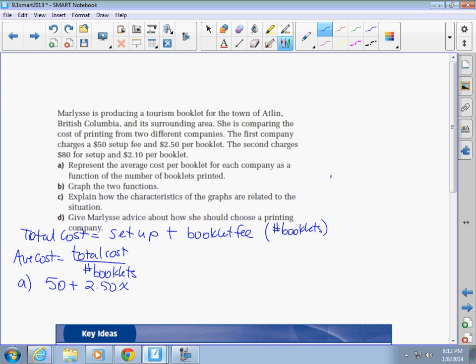And then to find the average cost, I would divide by x. So if I call this my Y1 equation, my Y2 then, the second one, would be $80 for the setup. So it costs more to set it up initially, but less to print per booklet, $2.10 per booklet, divided by the number of booklets.